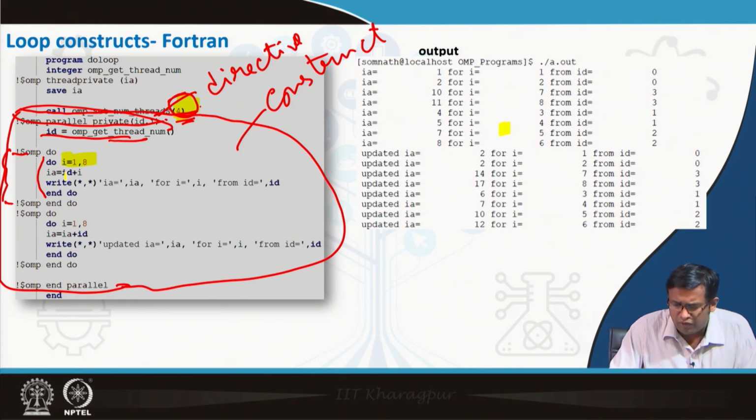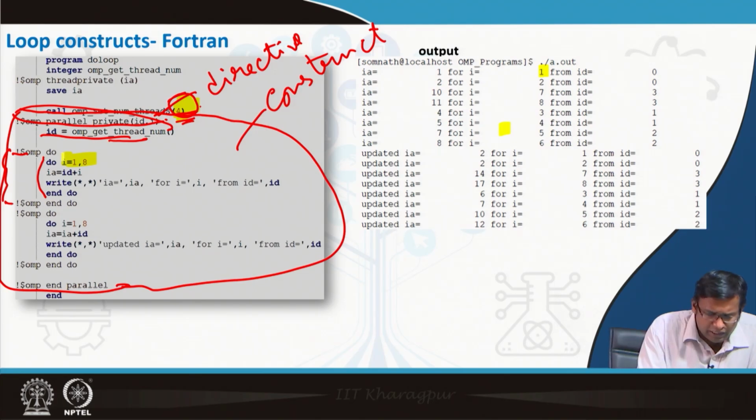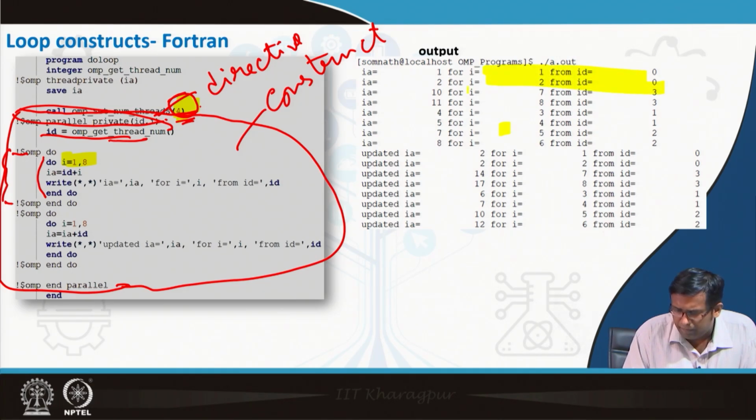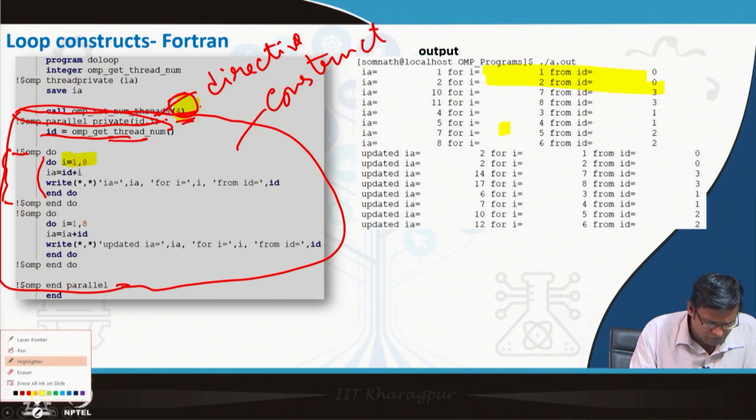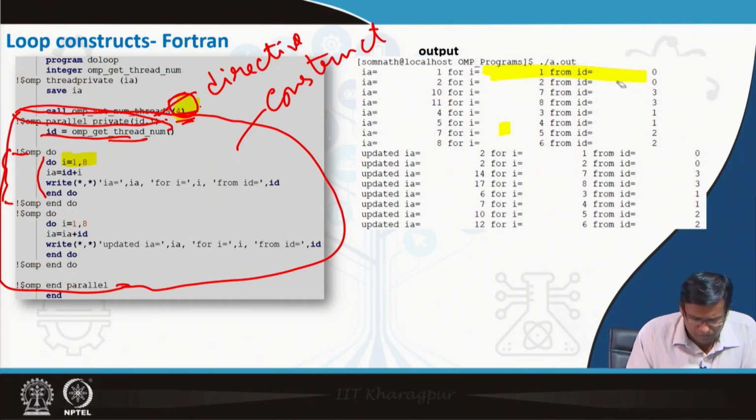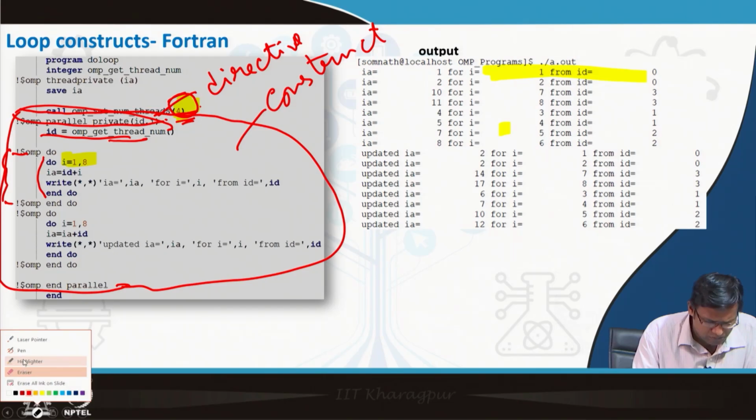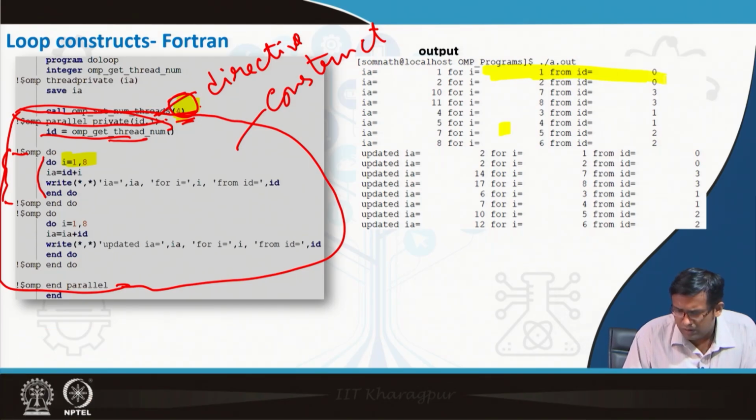So, we can see there are 8 iterations, I is equal to 1 to 8, which are distributed into 4 threads. Each of these threads is picking up 2 of the iterations.